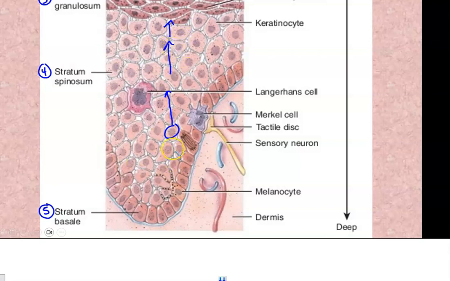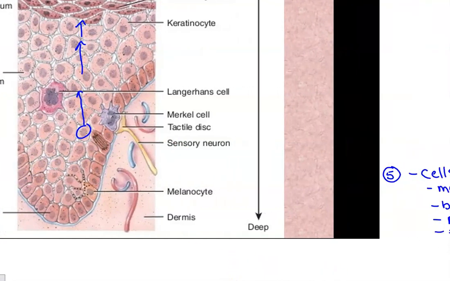So they're starting down here, and we've got mitosis going on. It's pushing all those cells upward as these new cells are being formed, and they are filling up with melanin for sure, but also keratin as they move towards the surface. So that's what's happening in the types of cells that we see in the stratum basale, or the basal.